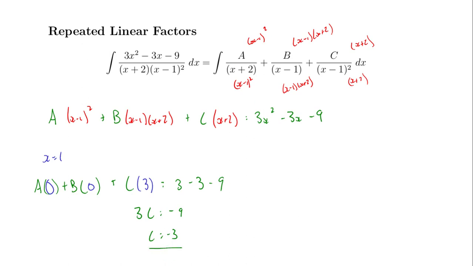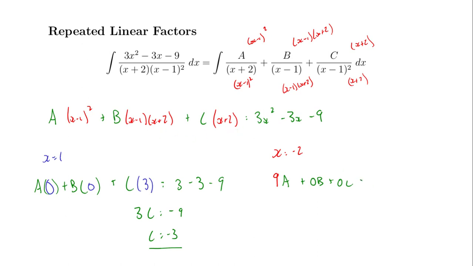We can do a similar thing with x equals negative 2. If we do that, we've got negative 2 minus 1, that's negative 3 squared, so this is 9 times a, plus 0b plus 0c. They both have this factor of x plus 2 on them, so if we throw in negative 2, those go to 0.